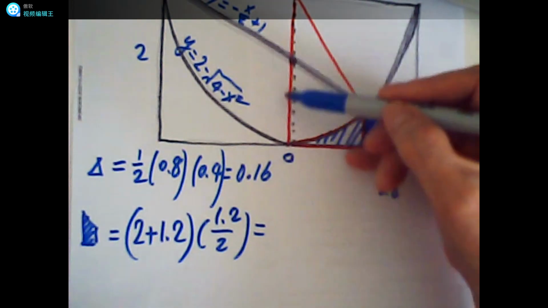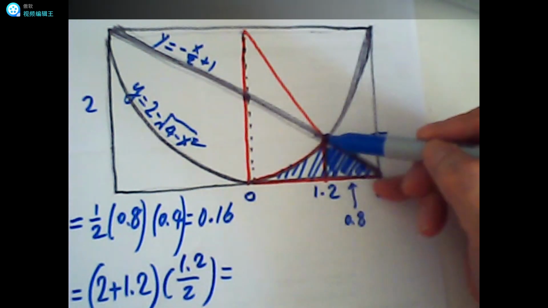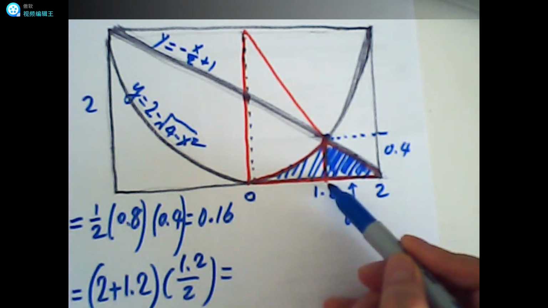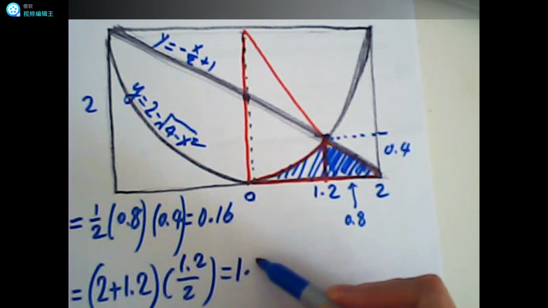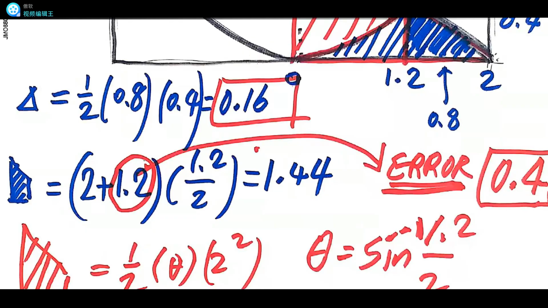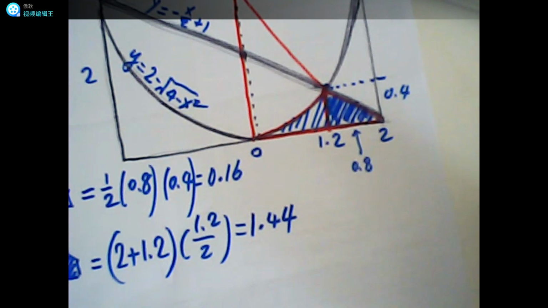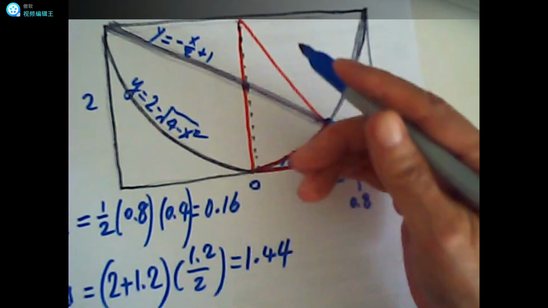This area of trapezium is equal to this plus this times this, times half. Yeah, so this is 1.44. Okay. The areas are very easy to be found in this calculation.